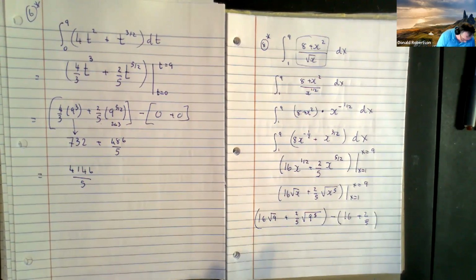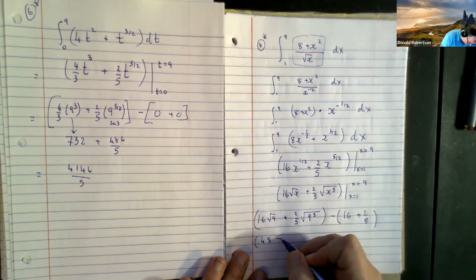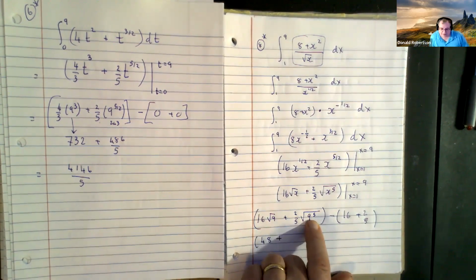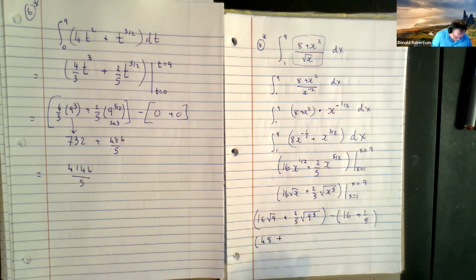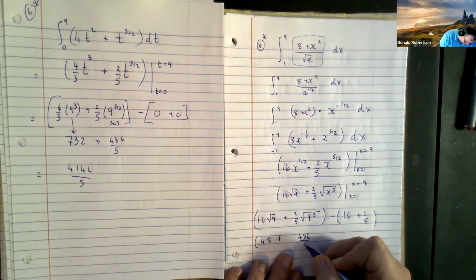Now that guy is 3, so 16 times 3 is 48. That guy there, if you trust me, you end up with 9 times 9 times 3, 243. So 243, 486 fifths eventually.